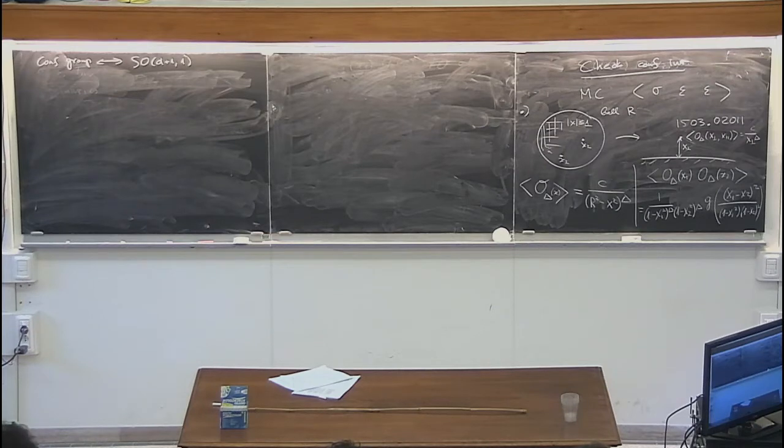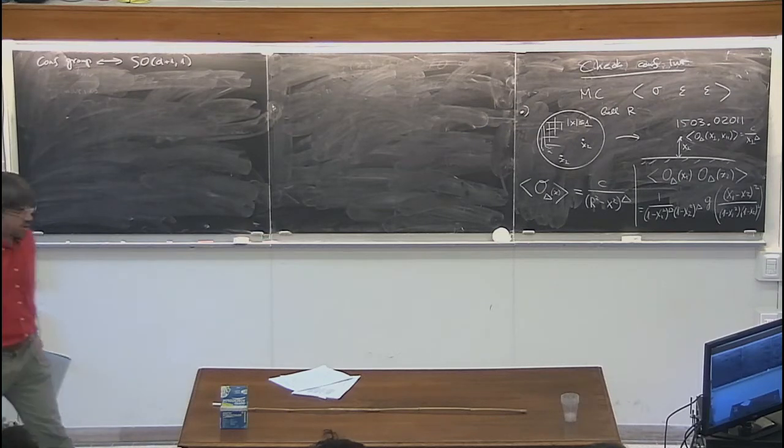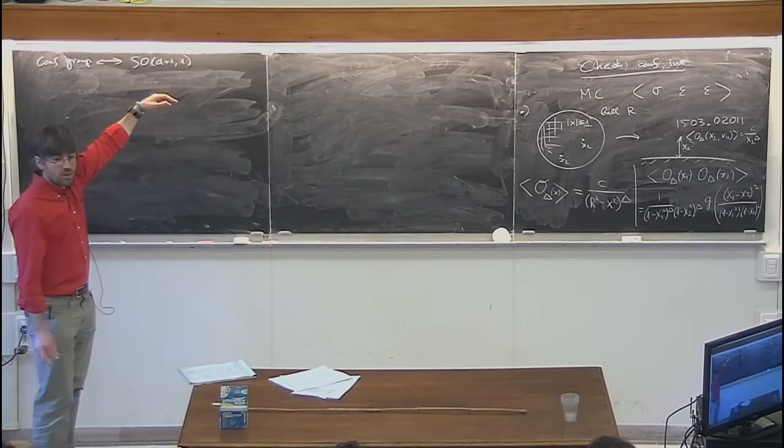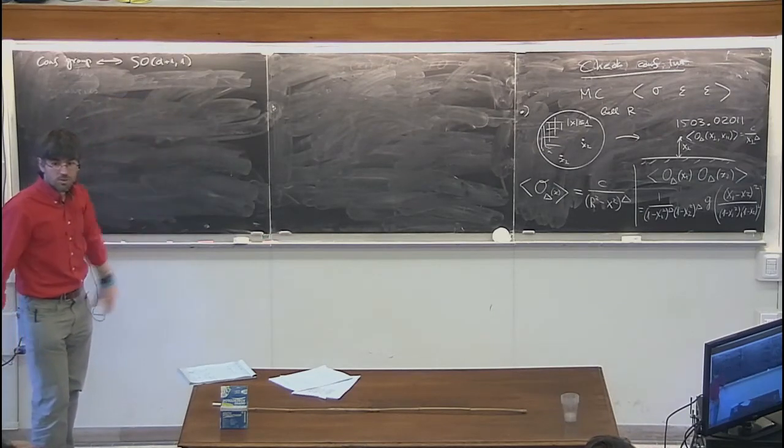And so the idea is that we are going to build a formalism which uses this Lorentz invariance in order to derive constraints from conformal invariance.